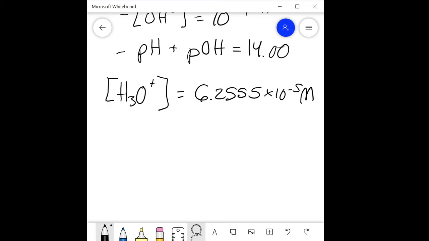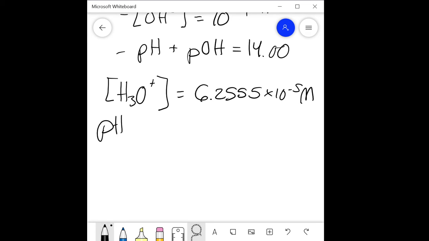Now, there's a couple ways to do this. To find the hydroxide, you can just use that formula from the last video and do it that way where you divide, but let's use the new formula.